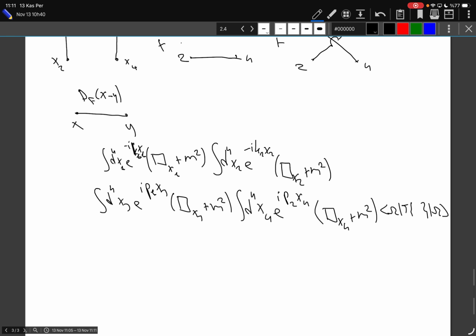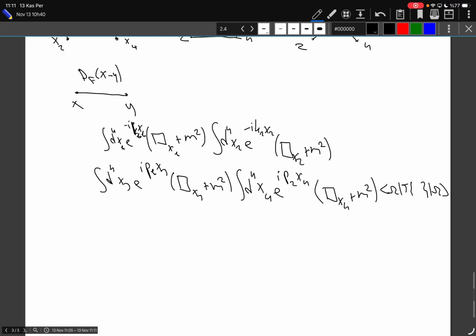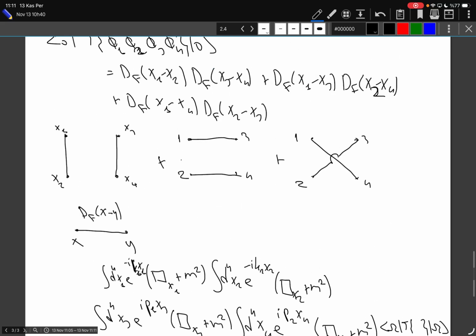The sign of the exponents determines whether it's the incoming or the outgoing particle. And this k1 squared, k2 squared, remember they are all m squared terms. Let me just look at the first term appearing over here.